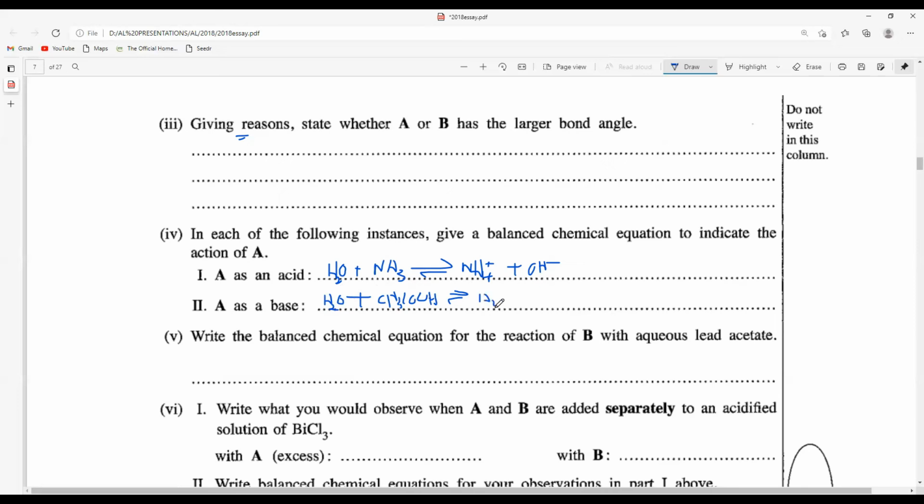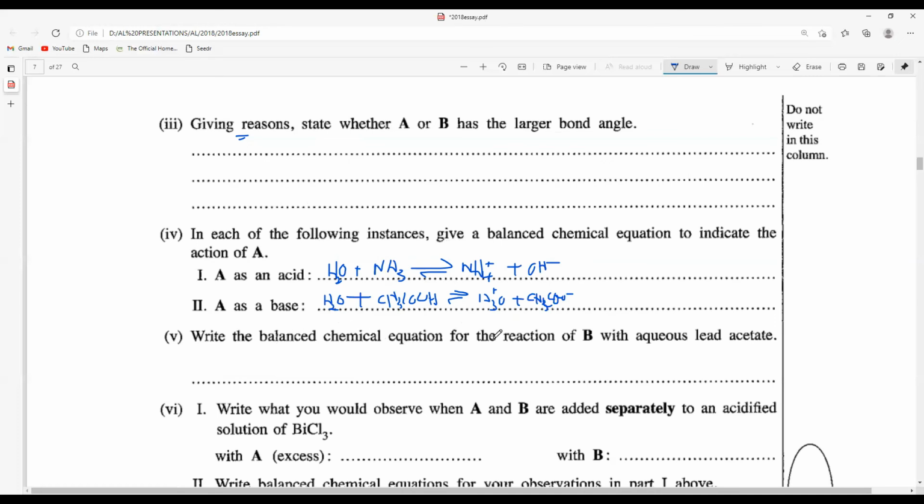So here there will be H3O plus forming and acetate. Okay. You don't have to worry about the physical states here because it is an organic chemistry question. But it is better if you write the physical states as much as possible, because it's very good. Make your answer complete.